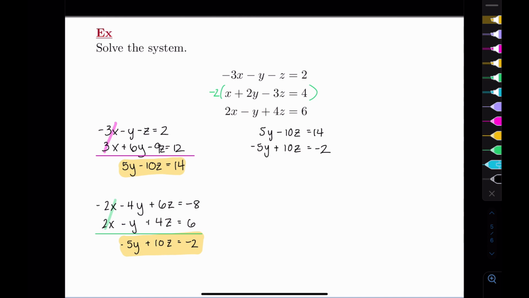This one, thankfully, is completely prepped for elimination because we can just add these two together. It makes our y's cancel, but it also makes our z's cancel. So we're left with nothing on the left and 12 on the right. Because we ended up with no solution to the two equations in two unknowns, overall, there is no solution to this system of equations.